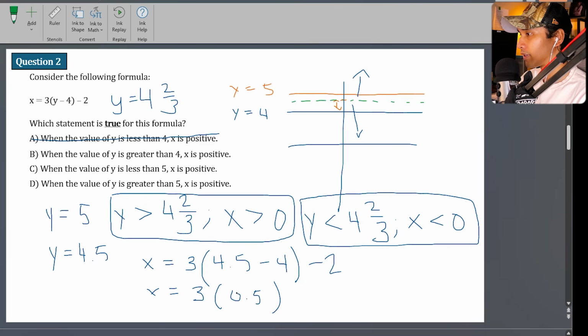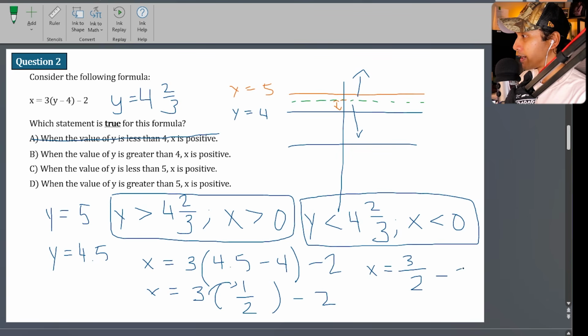That is 0.5. Oops, my gosh, I can't just write the 0. 3 times 0.5, or I could rewrite it like this to make it easier for us: 3 times 1/2. So we have x equals 3 times 1/2 minus 2. So 3 times 1/2, you just do 3 times 1, and then you're left with x equals 3 halves minus 2.